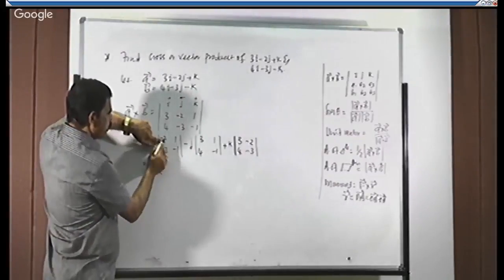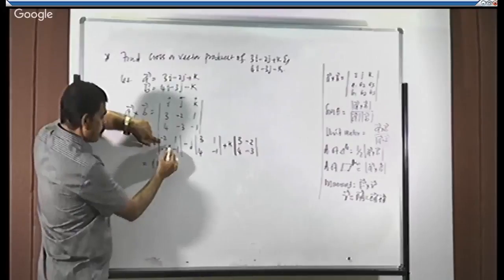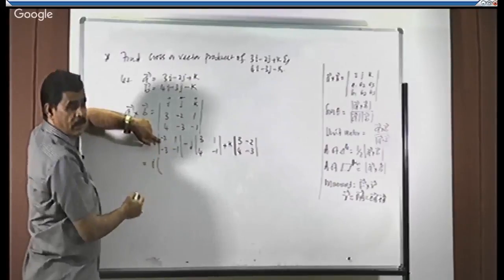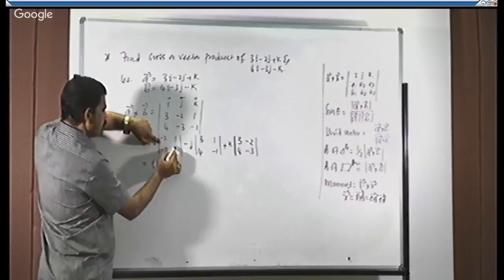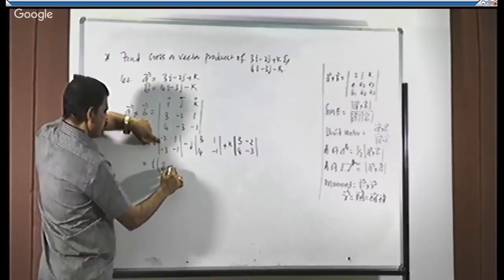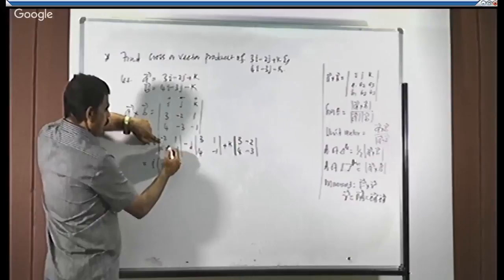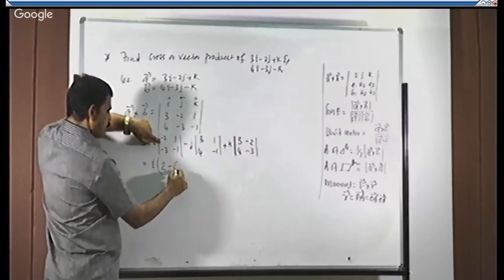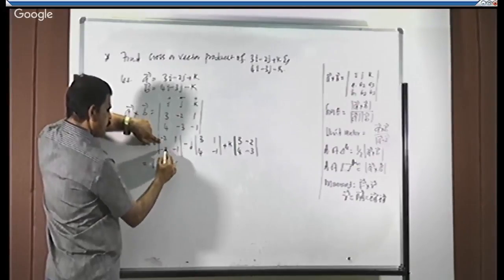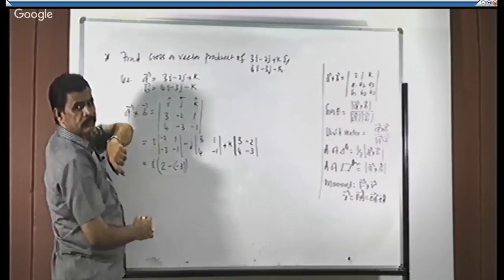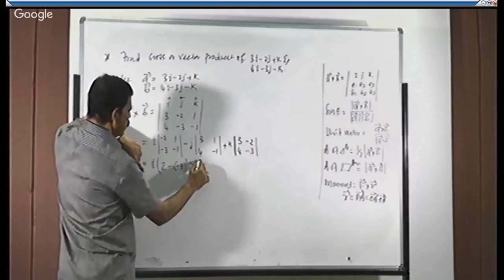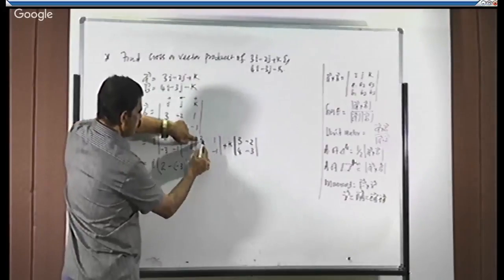Now simplify i into the product of principal diagonal elements minus the product of secondary diagonal elements, correct? The product of these two elements: minus into minus, plus 2 into 1 is 2. Minus of 1 into minus 3. The product of the secondary diagonal elements is minus into plus, minus 1 into 3, that is 3. Minus of j into the multiplication of these two elements.